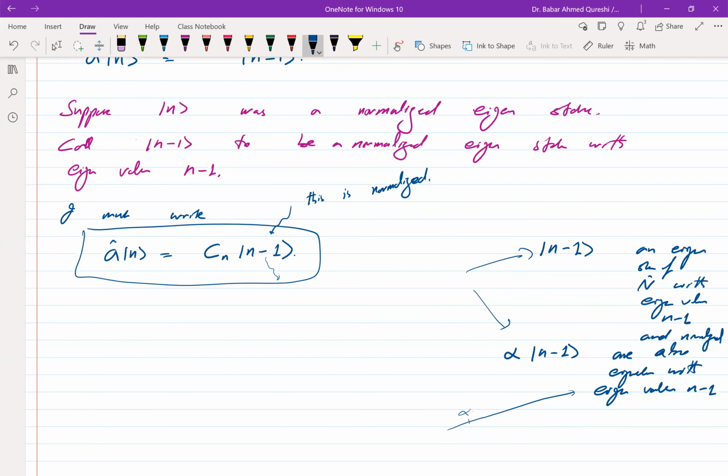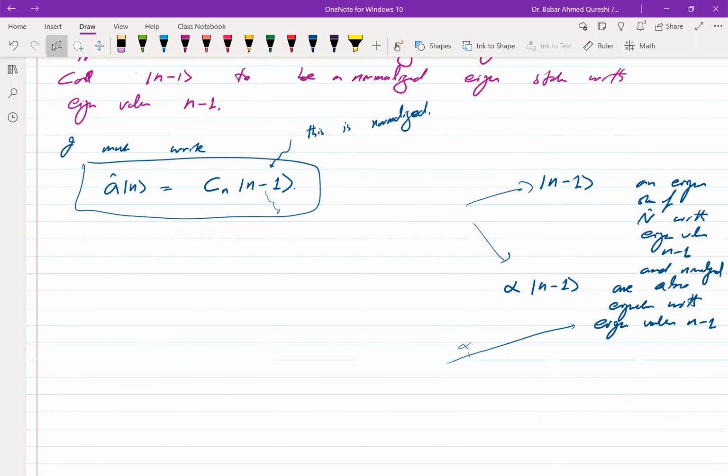There may be another issue over here. The issue is that sometimes we have more than one linearly independent state with the same eigenvalue. So suppose you had n minus 1 A and n minus 1 B, and they are linearly independent.